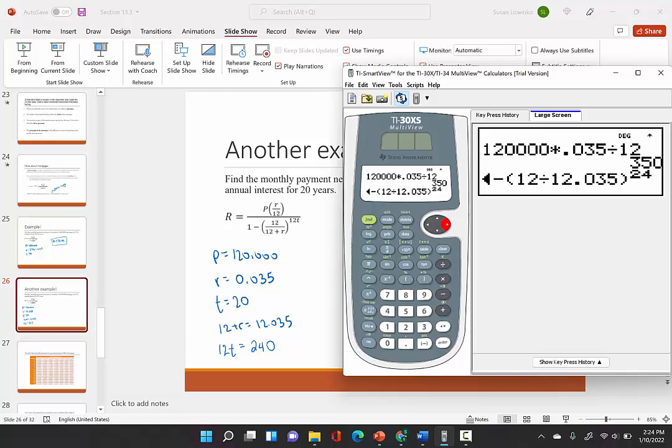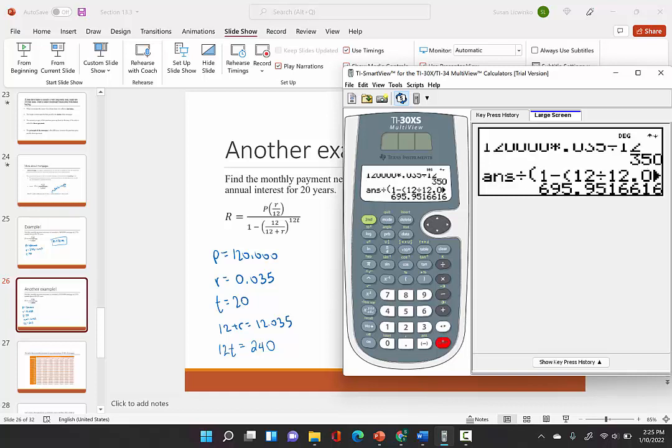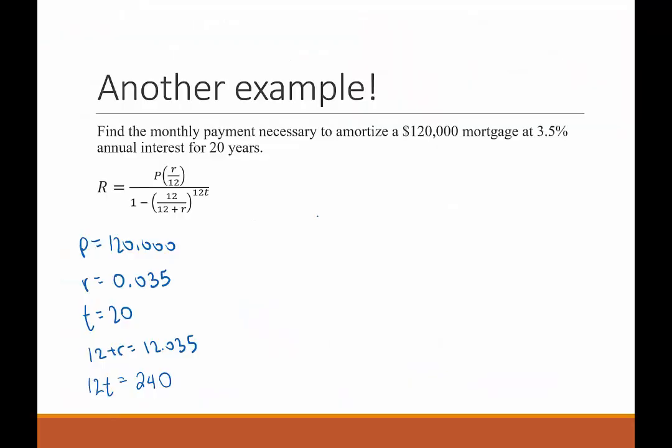Uh-oh, that's only 24. Hold on, I'm going to use this arrow key to go back and put the 0 in. There we go. And I'm going to close the parenthesis, and I get $695.95. $695.95 would be the monthly payment on this particular mortgage.